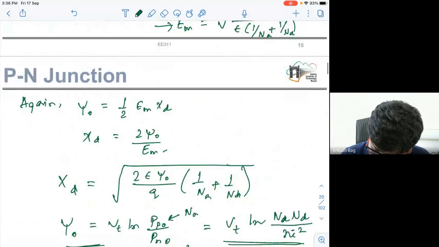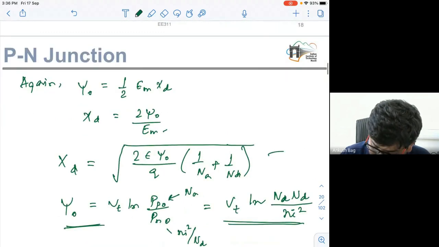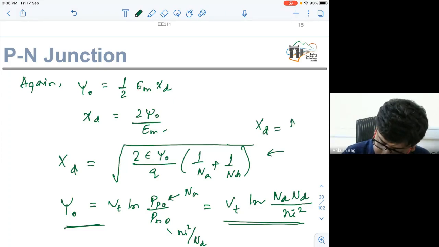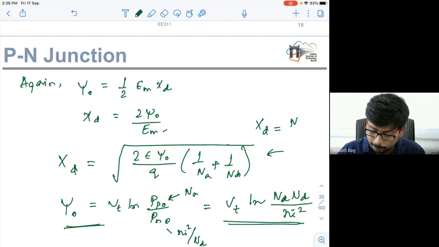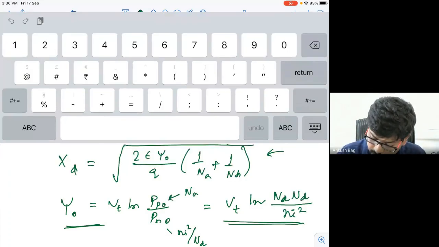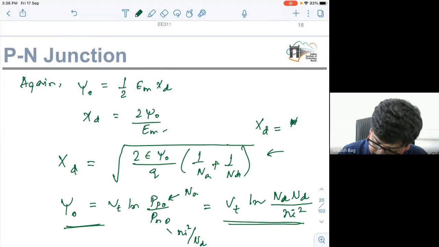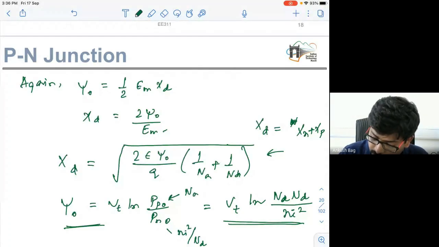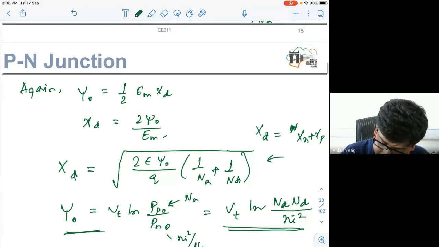So here we have this xt, so xd equals xt equals xn plus xp, and these two relationships for xn and xp we already know from the charge neutrality equation. So if we utilize this relationship, let me write it here once again.